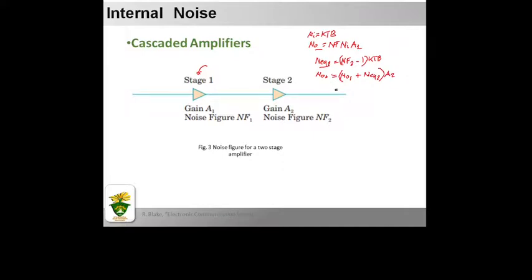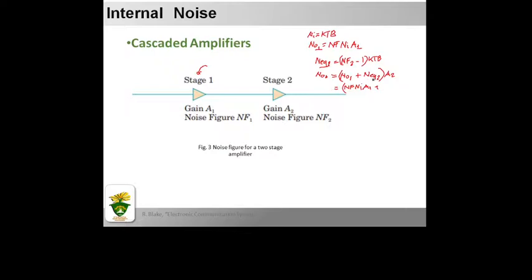Let us substitute the values of NO1 and NEQ2 here. NO1 is equal to the noise figure NF1 times NI times A1.